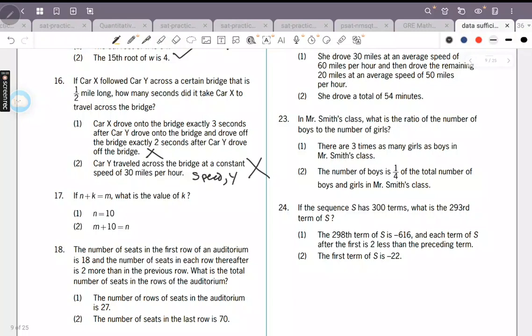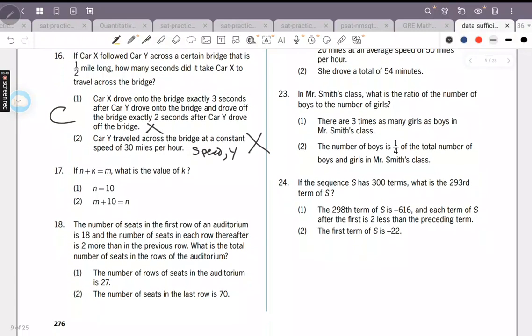When we combine the two statements together, what happened is that we can know S from Y. So if you add statement 2 to statement 1, we can now know the speed of S. So both of them combined together are sufficient.